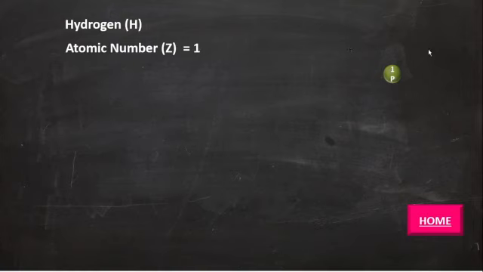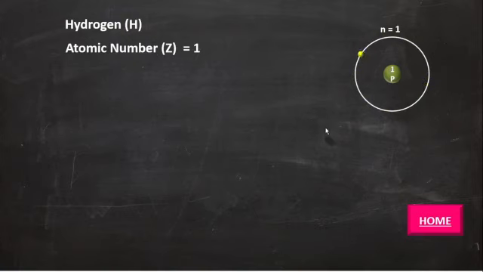So here I am going to draw the first orbit, n equal to 1, isn't it? So hydrogen has only one electron and that electron revolves around the nucleus in the first orbit. See here, this is the atomic structure of hydrogen atom.